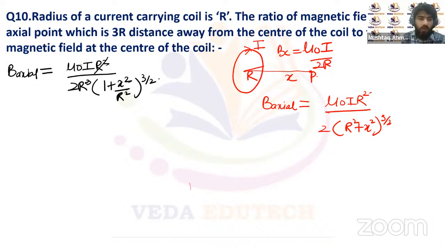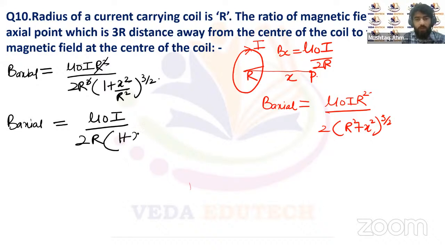Now from here r square and r cube will get cancelled, so we'll be left with mu naught I upon 2r, multiplied by 1 plus x square upon r square to the power 3 by 2. Now we can replace this mu naught I upon 2r with B center.